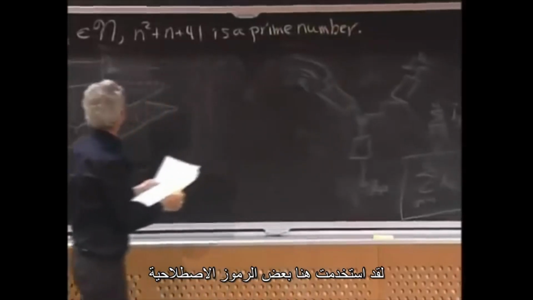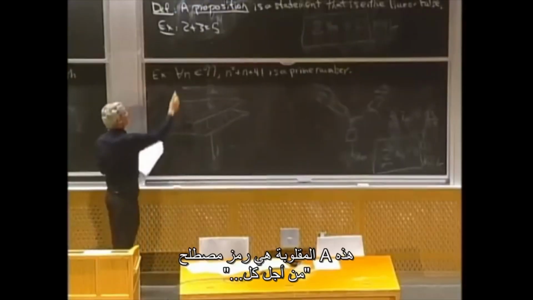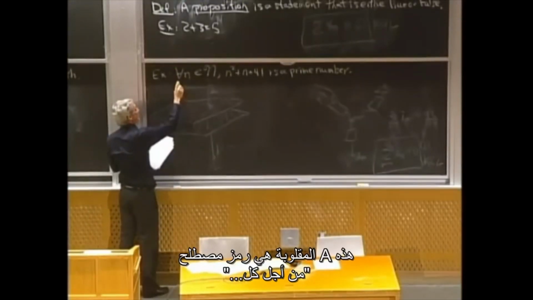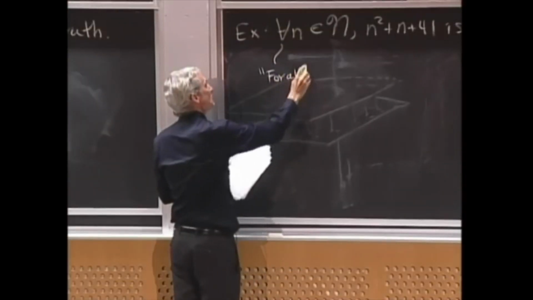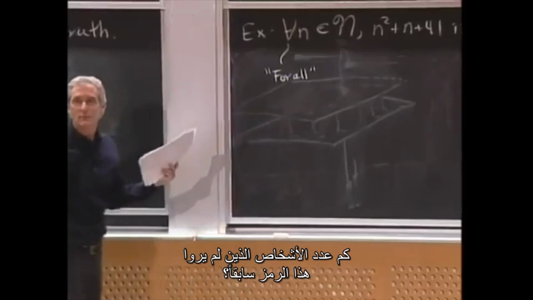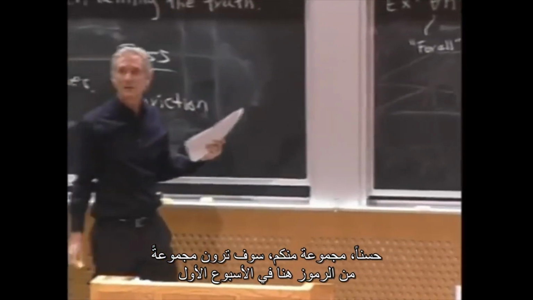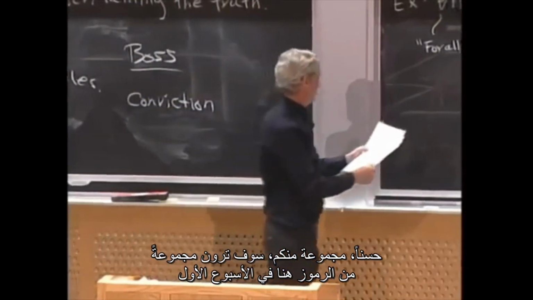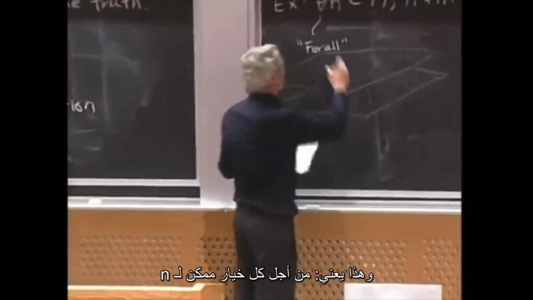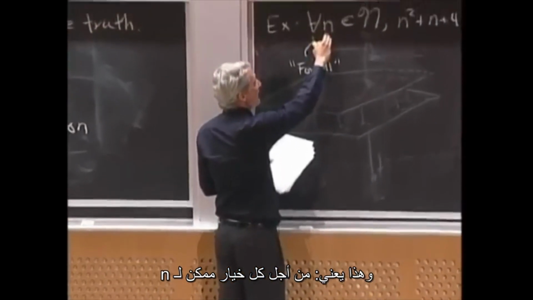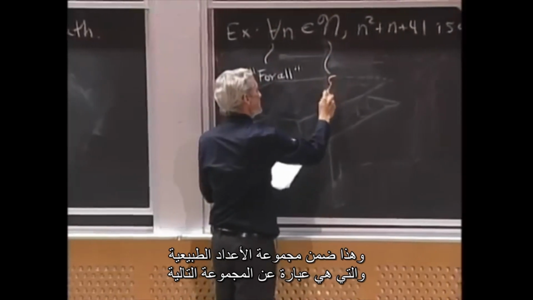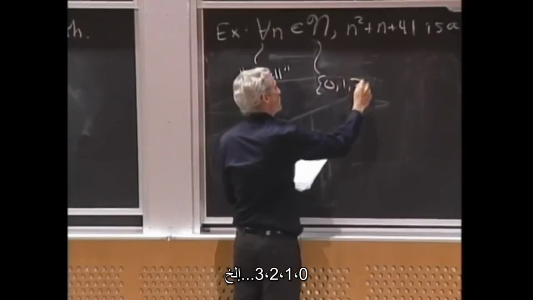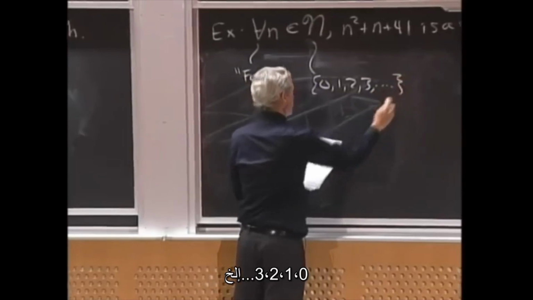All right, now I've used some notation here. The upside down A is the for all symbol. How many people have not seen that symbol before? All right, a bunch of you. Yeah, you're going to see a bunch of symbols here. First week. And that means for every possible choice of n, and this is in the natural numbers, which is the set 0, 1, 2, 3, and so forth.